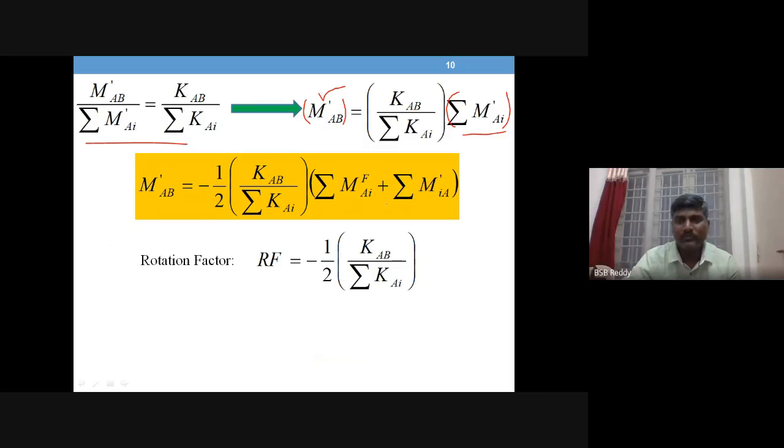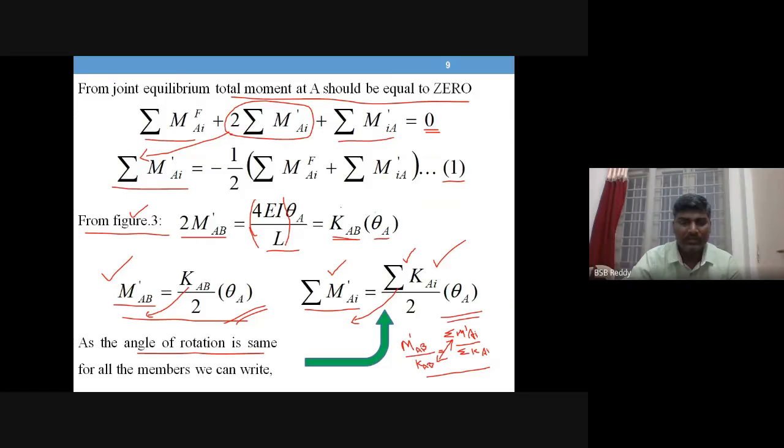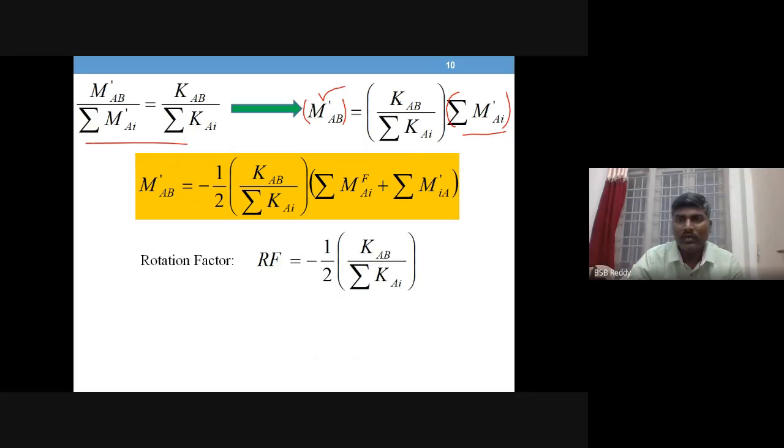From the earlier equation 1, sigma M dash AI is minus 1 by 2, and KAB by sigma KAI is already there, minus 1 by 2 into the sum of all fixed end moments at A and the sum of all far end rotation contributions.